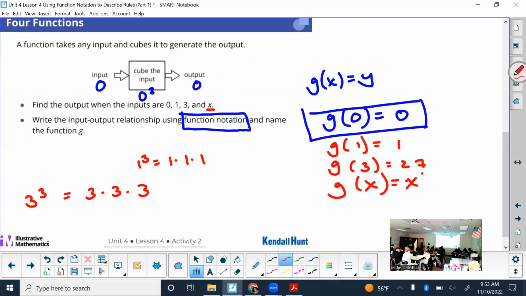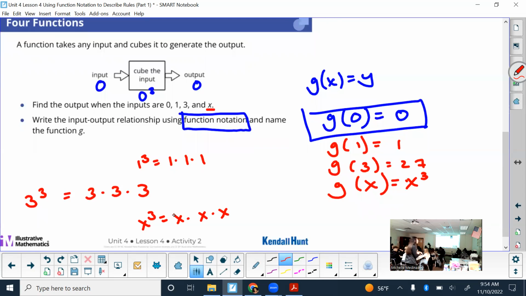X cubed. All right, because x cubed is x times x times x. I don't know what x is, so I can't give it like an actual number. So just multiply it by itself. When we're putting our final answer, it's usually simplified. You don't want to write x times x times x.